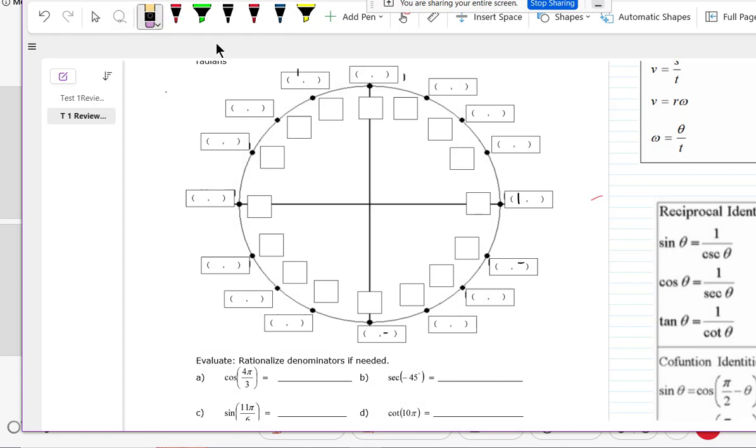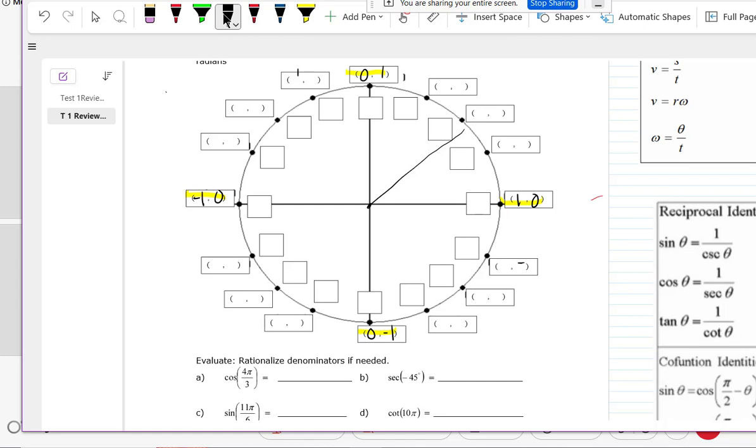The first thing is these points right here. A unit circle has a radius of one. The distance from the center to any point on the circle is 1. So this point is 1, 0. That point is 0, 1. That point is -1, 0. And 0, -1. That's always a good place to start.